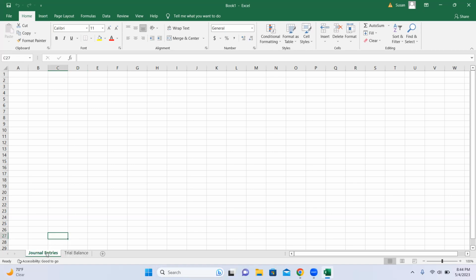So the journal entries is like a breakdown by line transaction, whereas the trial balance accumulates that to show you the total, such as the beginning balance plus all the individual monthly activities equals the ending balance. It'll make more sense once I get this going for you. And these two supports are what we're going to use to prepare the income statement and the balance sheet.